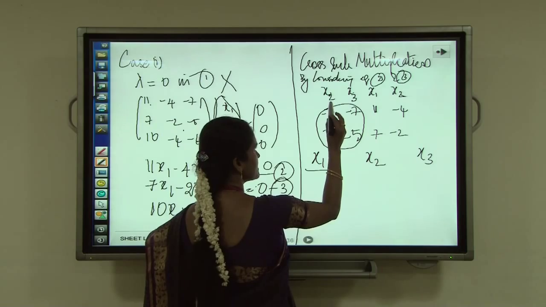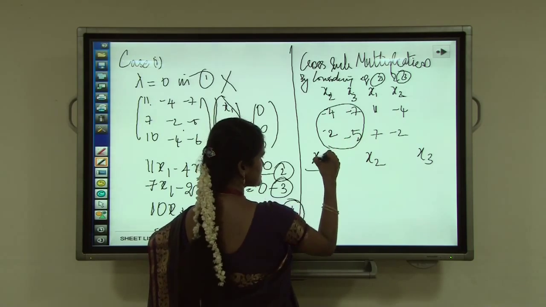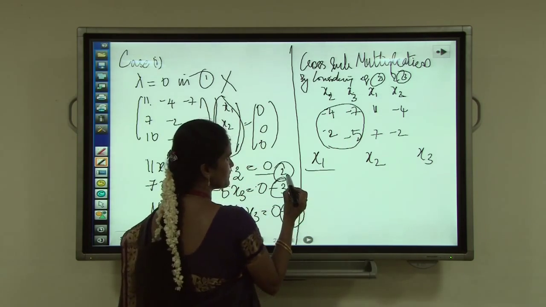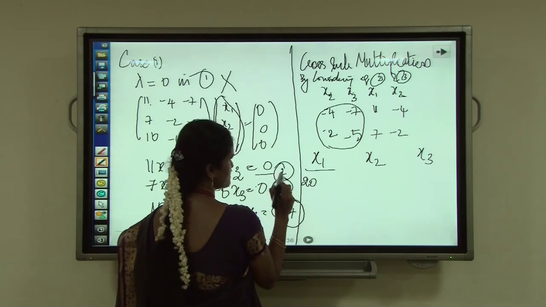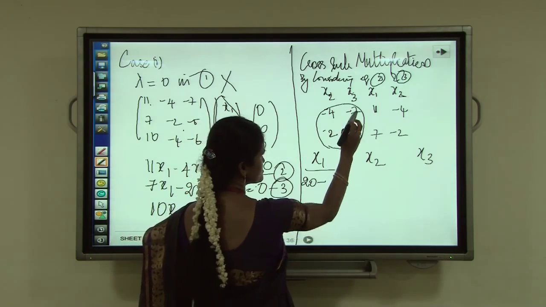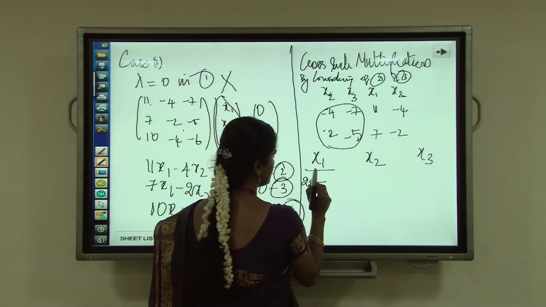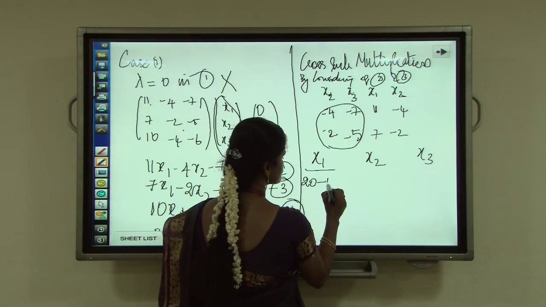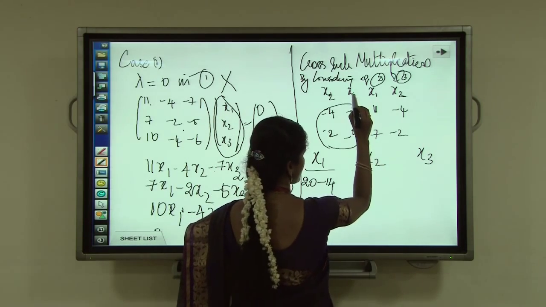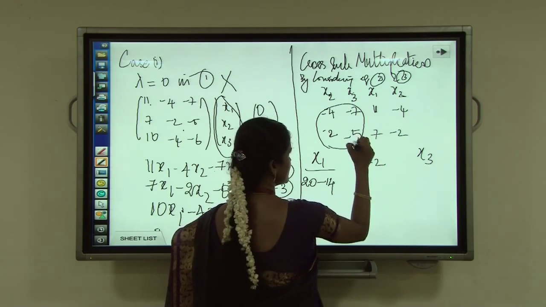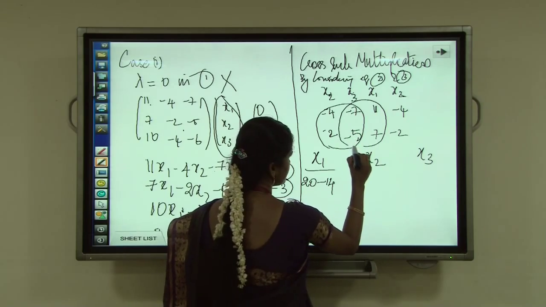Finding the determinant of the coefficients of x2, x3 gives the value for x1. So it is minus 4 into minus 5, which is plus 20, minus 2 into minus 7, which is plus 14, so 20 minus 14. Here, finding the determinant of the coefficients of x3 and x1 in the same order, let us circle it in this form.